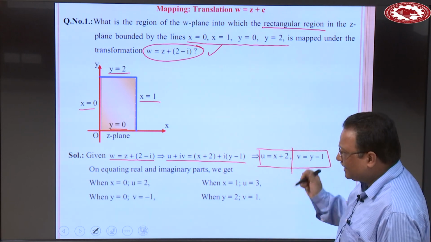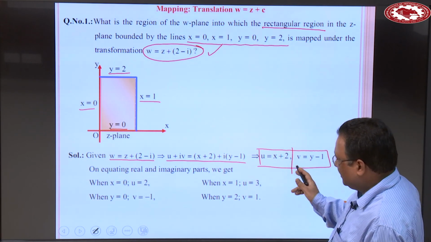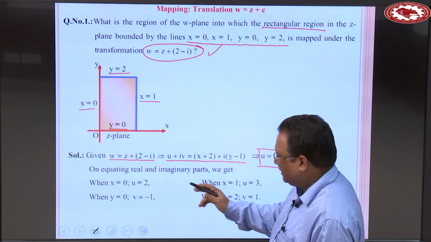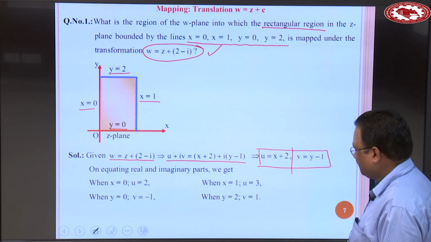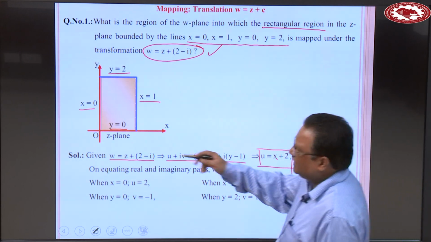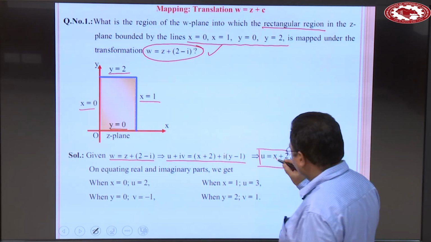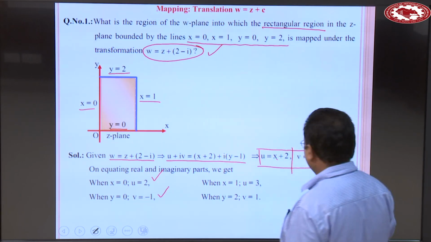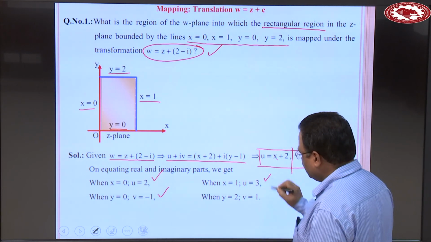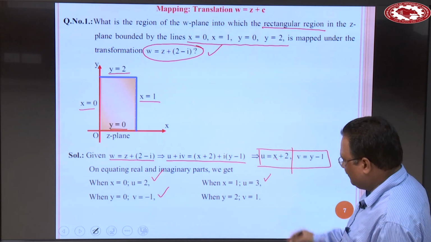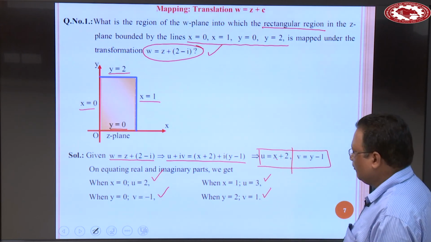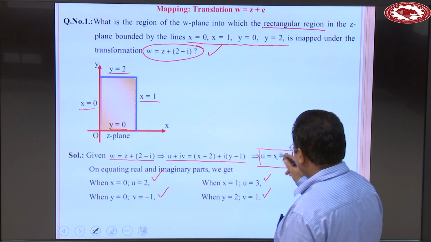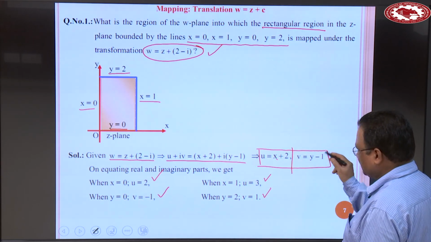Okay, so equating the real and imaginary parts, clear? We get, when x is equal to 0, u is 2. When y is equal to 0, v is -1. When x is equal to 1, u is 3, and when y is equal to 1, v is 0. So when we equate real and imaginary parts, u is a function of x, y and v is a function of x, y.